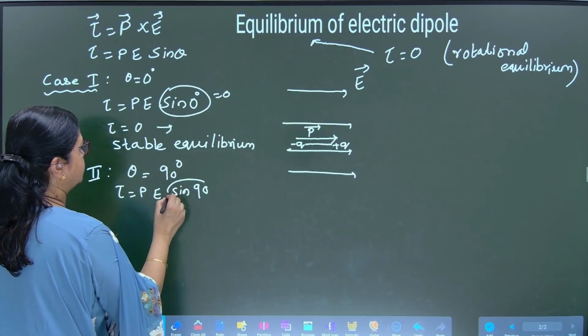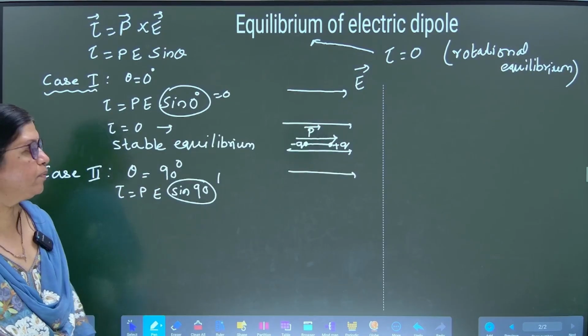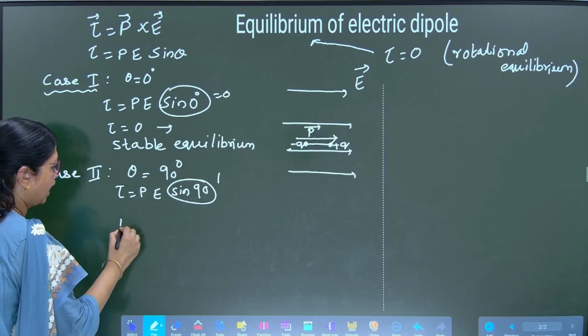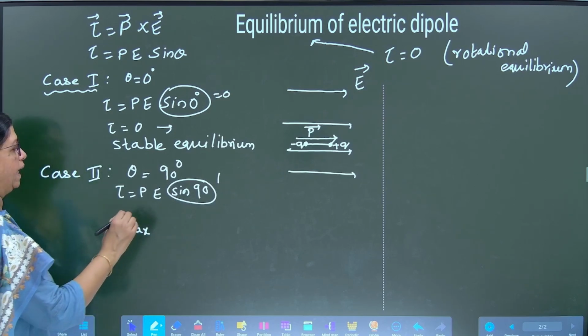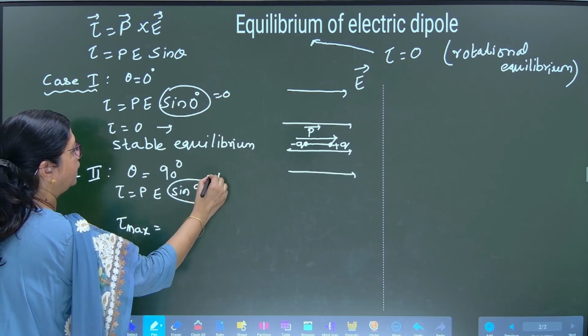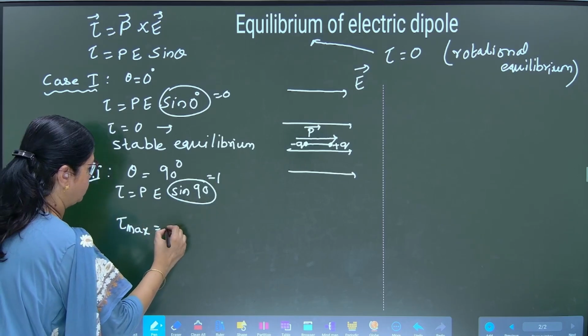What is sin 90? 1. So the maximum value of tau will be achieved. That's why I'm writing tau max, when sin 90 is equal to 1. That means I have placed P and E perpendicular to each other.